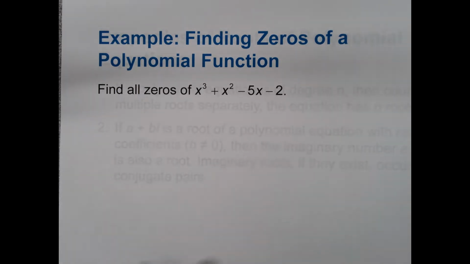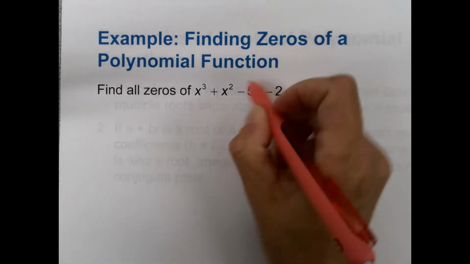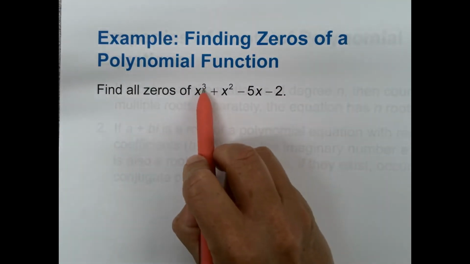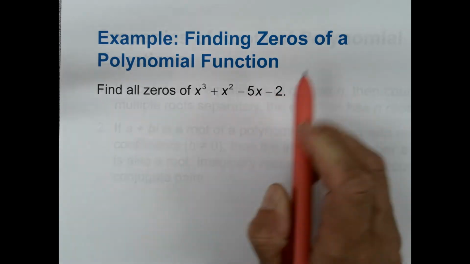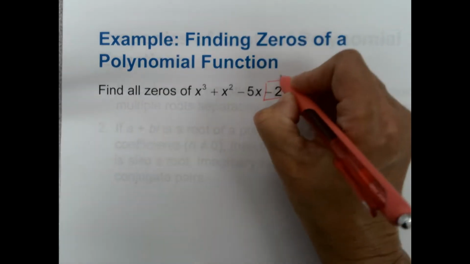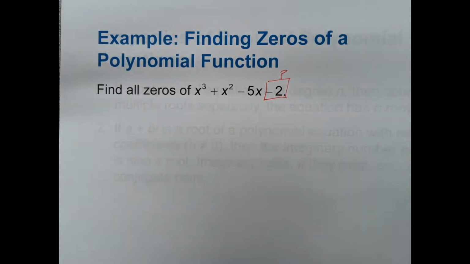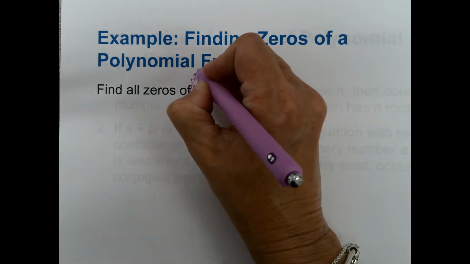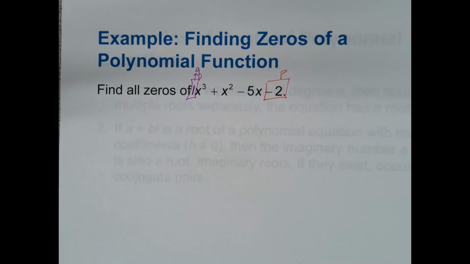So remember your P's, we make sure that our function's in descending powers of x, and it is. We go from cube to square to the 1st degree to the constant. Remember our P's come from the final value, and remember that there is a 1 in front of that x cubed, so our Q's come from the 1.